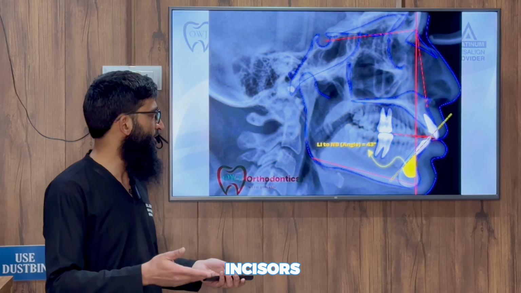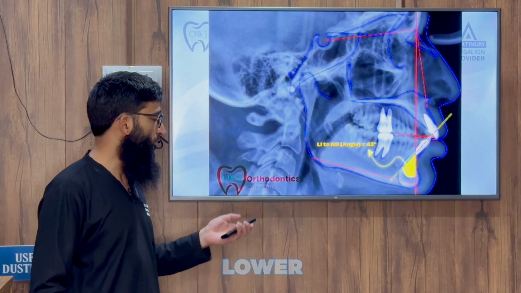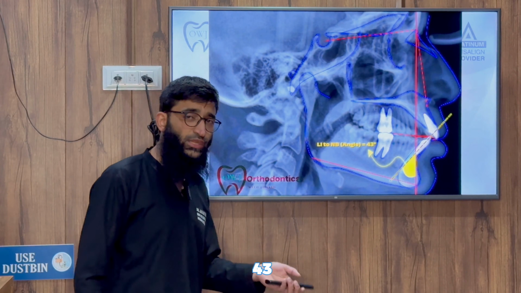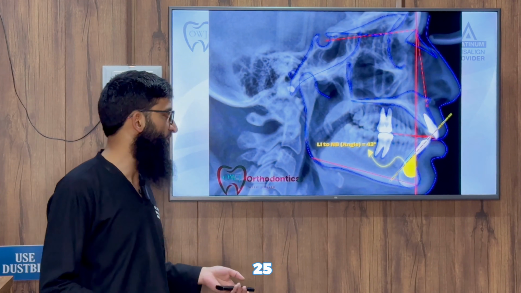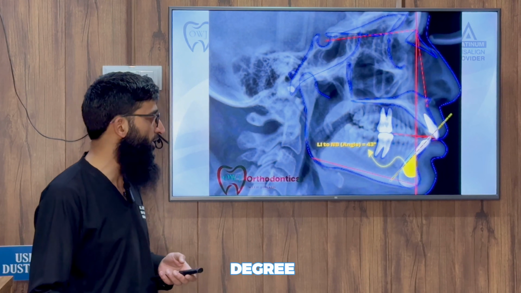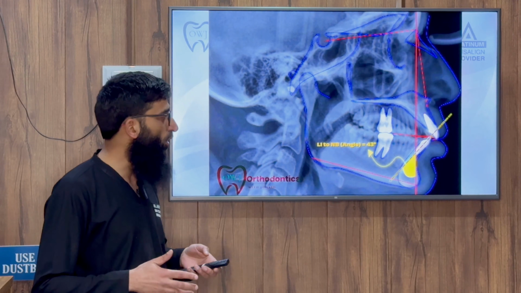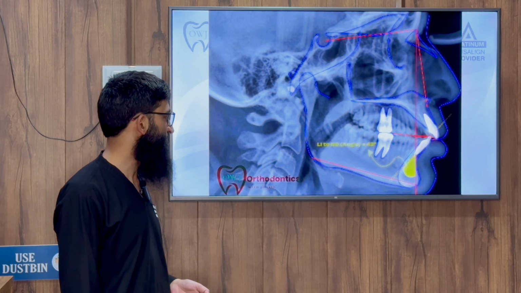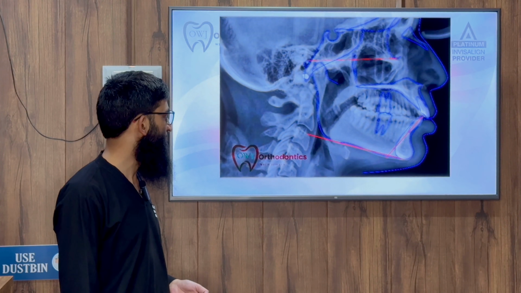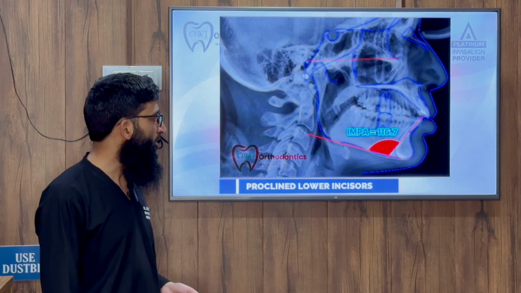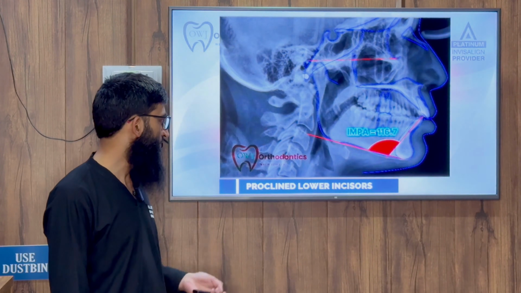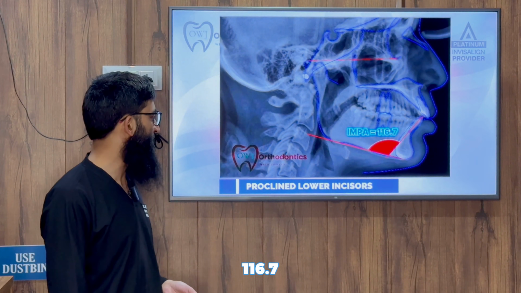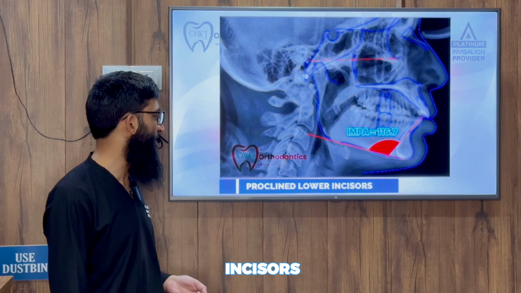Of course, the lower incisor angle is 43 degrees, from a norm of 24 or 25 degrees, so a lot of proclination in the lower incisors. IMPA of 116.7, so it's proclined lower incisors.